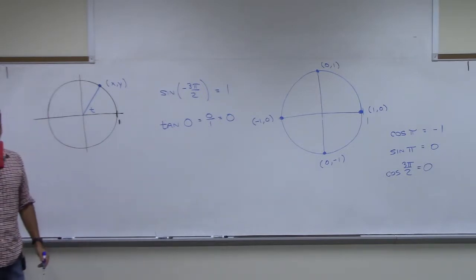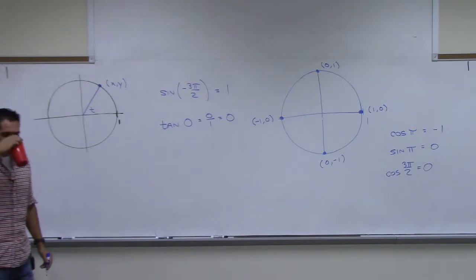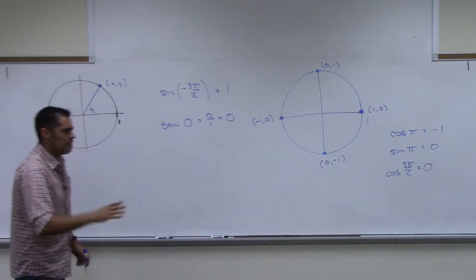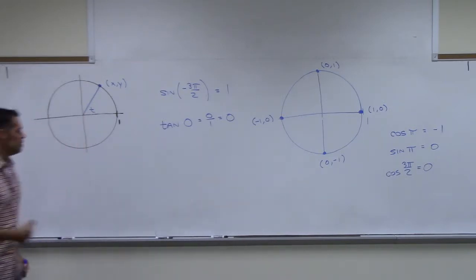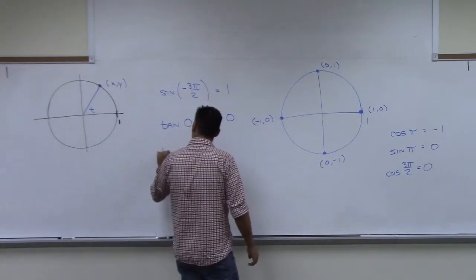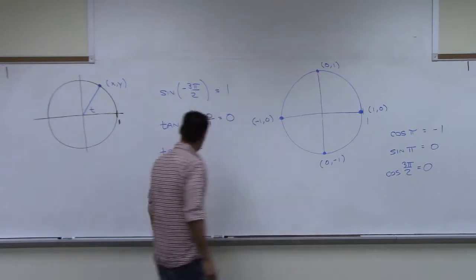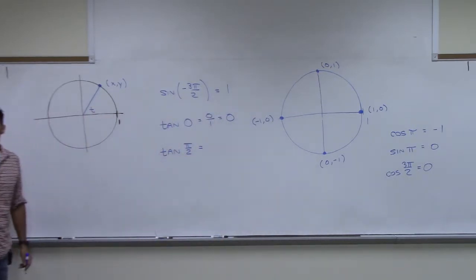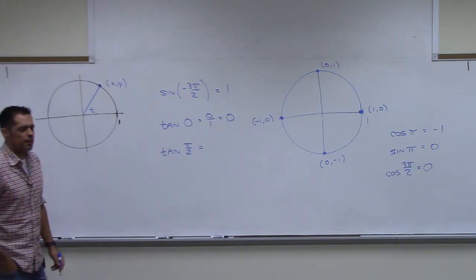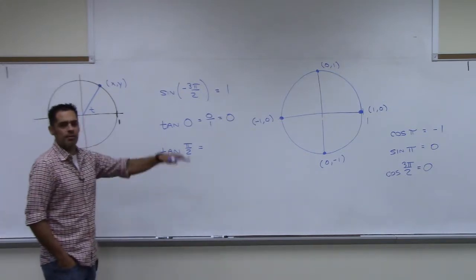Any other questions? Ask obvious questions if you've got them. I mean, trust me. What about the cosecant and secant? Yeah, let's do those. That's where I was about to ask you what tangent of pi over 2 was. So you should be first figuring out where pi over 2 is.